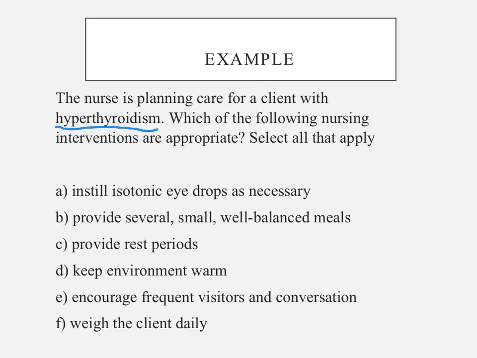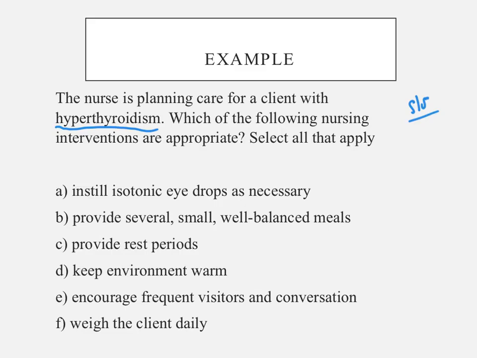You need to probably write on your paper your signs and symptoms of hyperthyroidism and whatever you can recall about that disease process, okay? You need to think about that before you go to your answer choices. So you have the recall of the information in your mind before you read your answer choices, okay? Pull the knowledge out first so you have your background before you begin to answer your question.